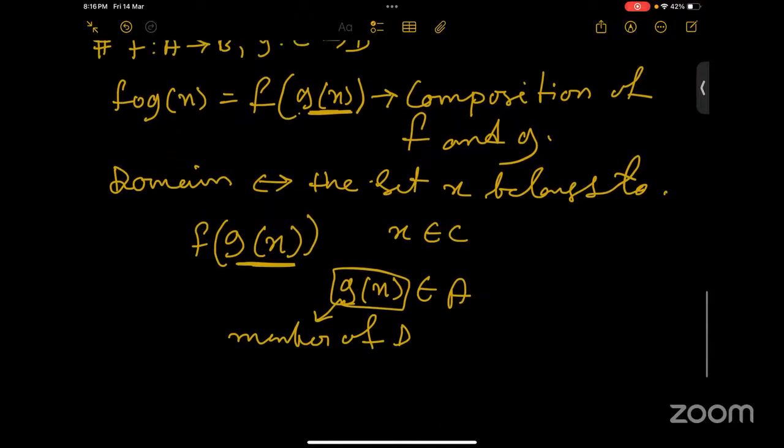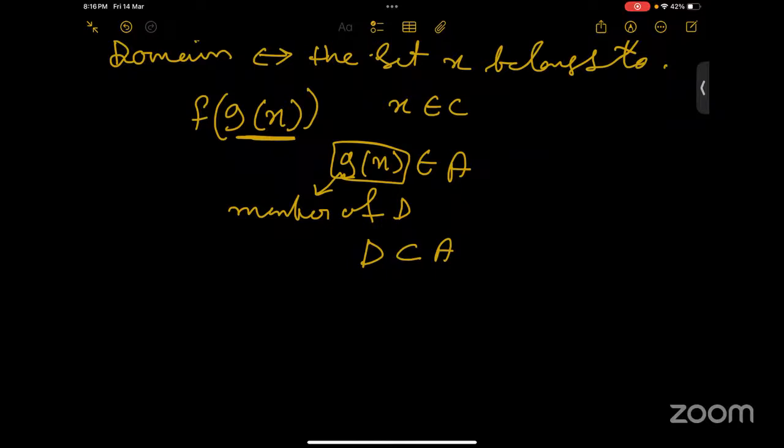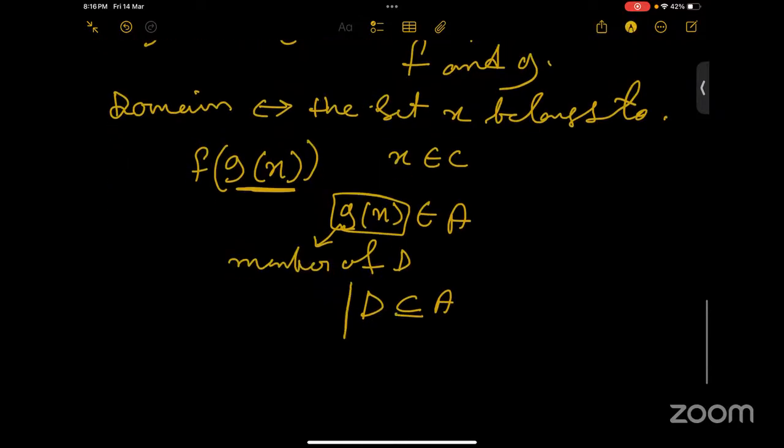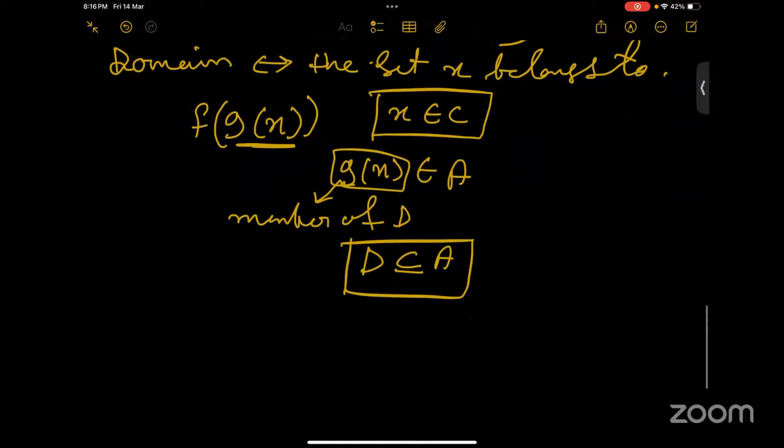That means each member of D should be in A, so D should be a subset of A. That's why we need this. So first x should be a member of C, and second D should be a subset of A.